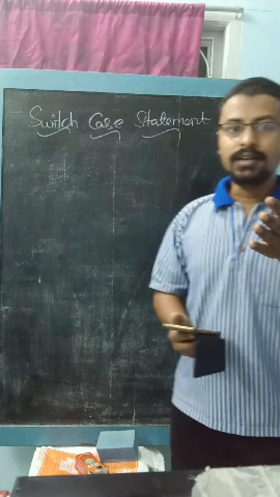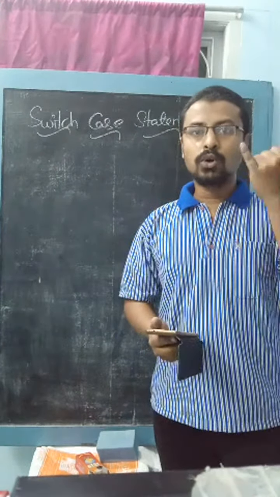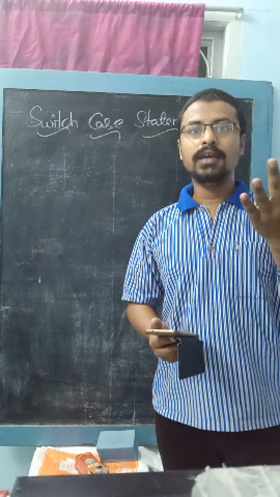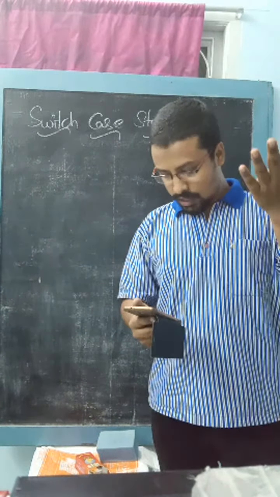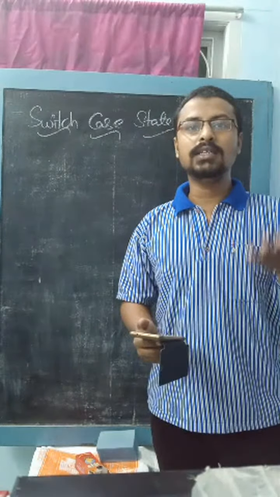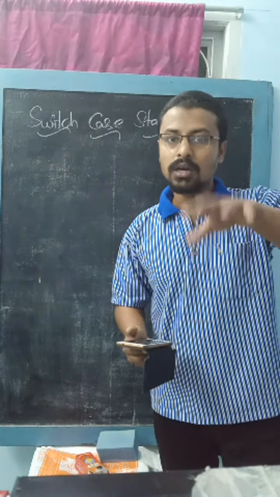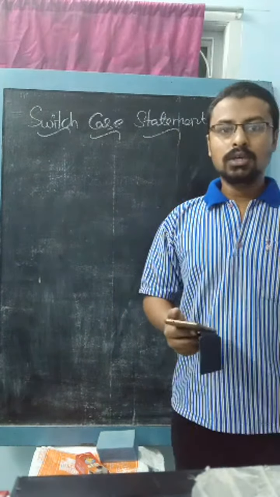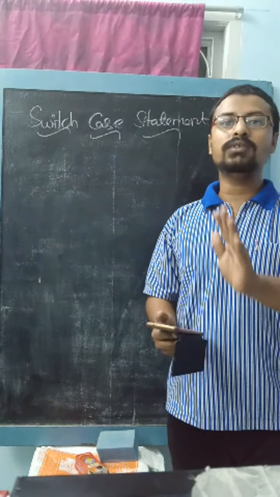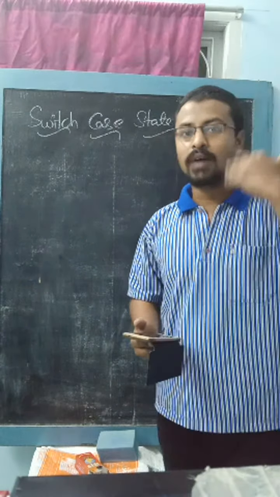Up to 89, so 80, 81, 82, 83, 84, 85, 86, 87, 88, 89. So these are the range of values. So else if ladder is used for range of values.